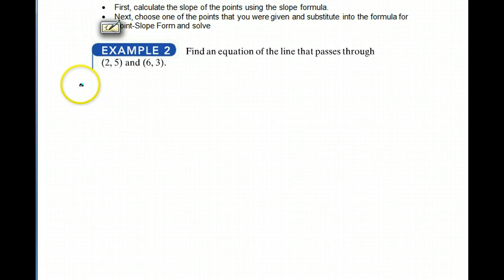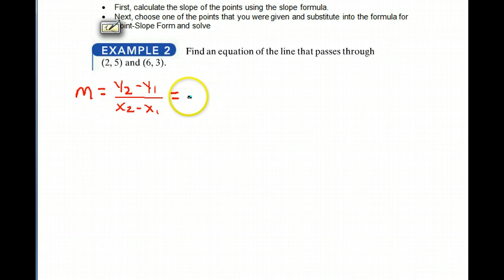The first thing that we want to do is calculate slope using the formula delta y over delta x. So remember, that's the formula y2 minus y1 over x2 minus x1. It made no difference which point we used as 1 and which point we used as 2. Please remember that.